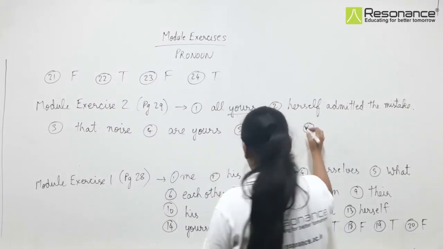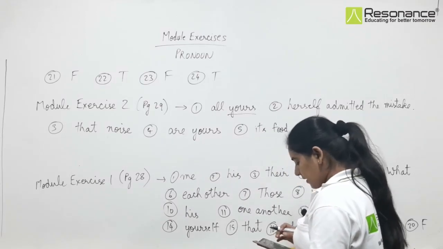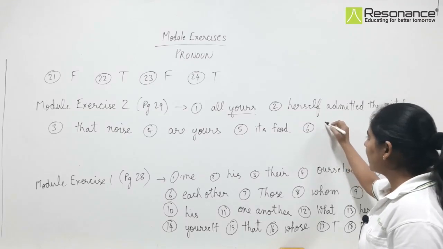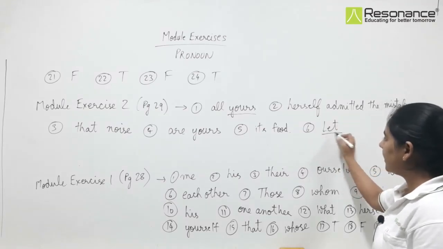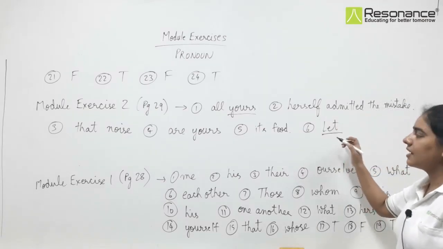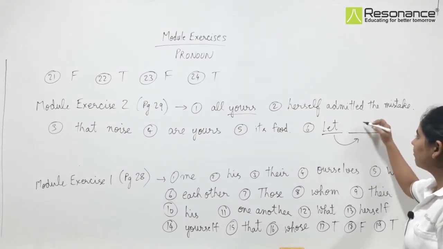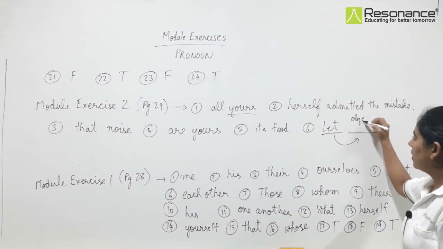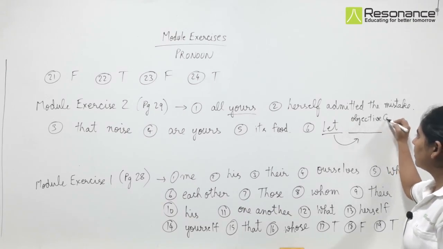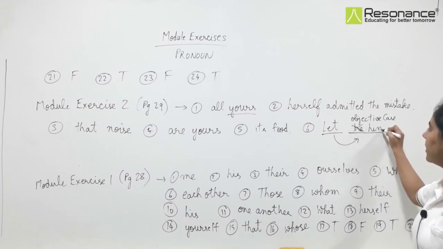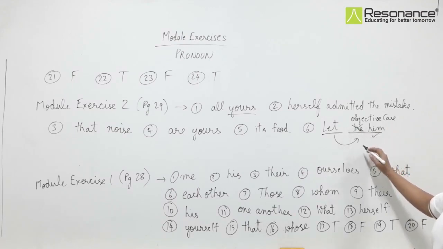Then in sixth one, let him answer the question. Now here it is a rule of pronoun: whenever a sentence starts with let, it will always be followed by an objective case of pronoun. हमेशा objective case of pronoun आएगा. So let him.